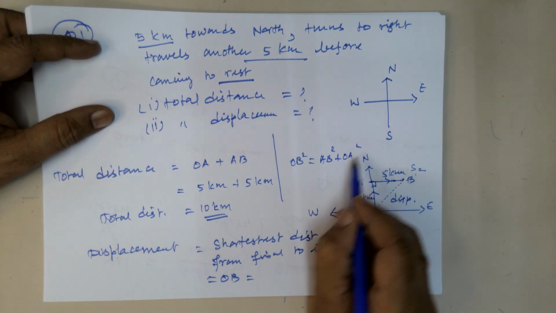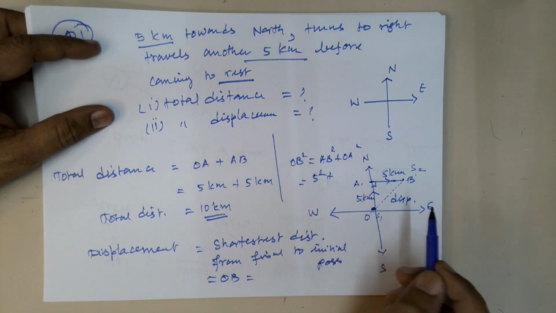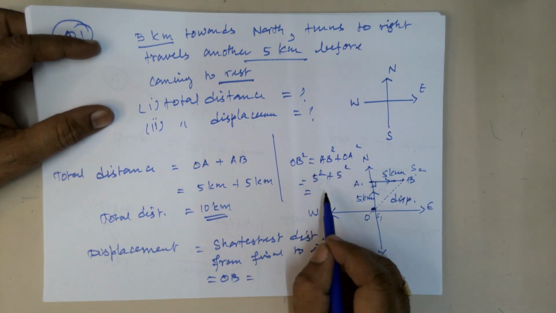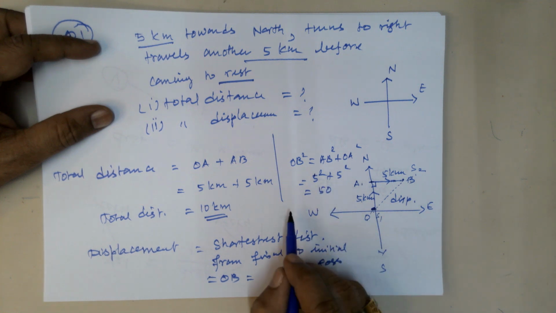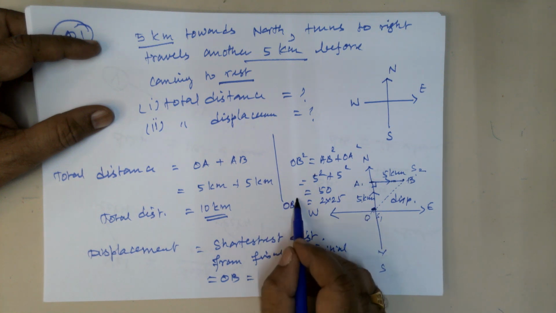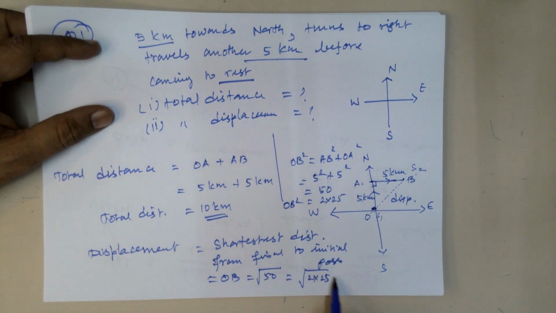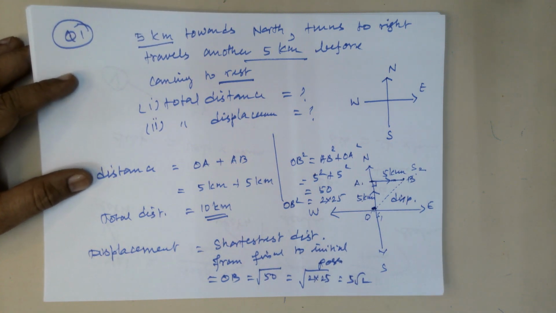So OB squared is 5 squared plus 5 squared, so 25 plus 25, 50. That is 2 into 25. So OB is equal to the square root of 50, that is nothing but square root of 2 into 25, that is 5 root 2. Okay. Clear?